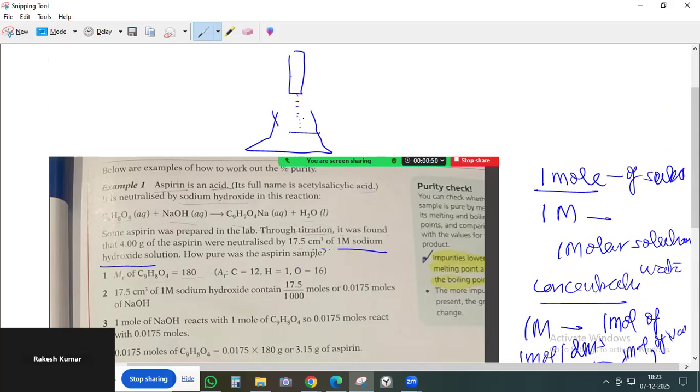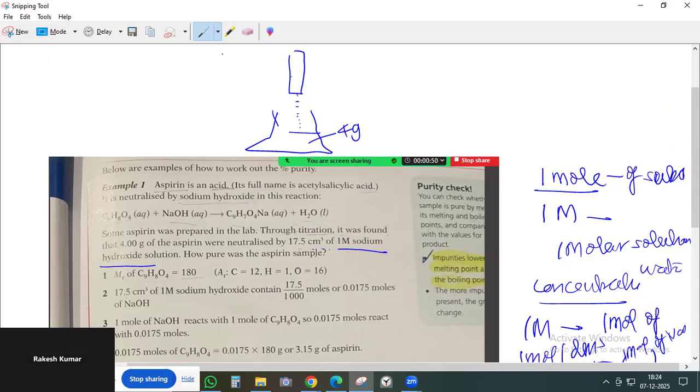So he says he takes 4 grams of aspirin. Titration is just reacting two things exactly with nothing in excess. But in solutions, you'll be given the concentration or the volume, and then you find the moles, and then you look at the equation to see the mole ratio, then you find the other.